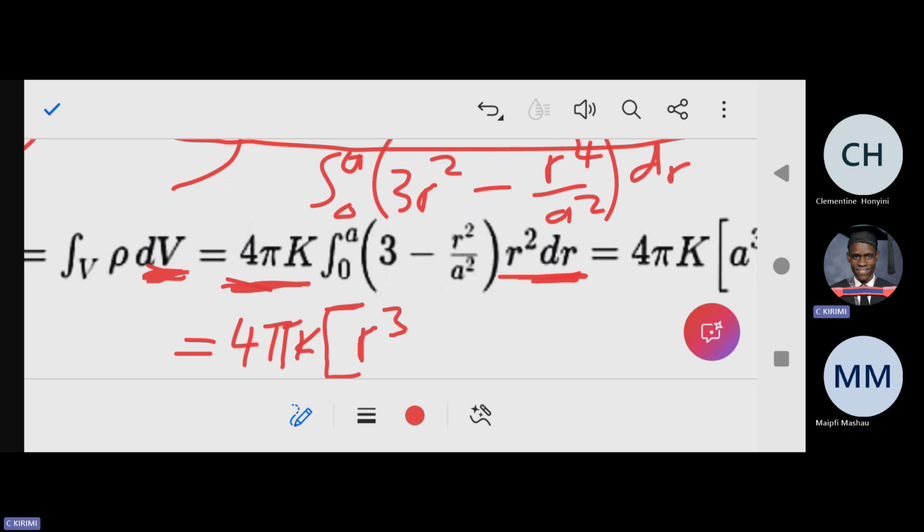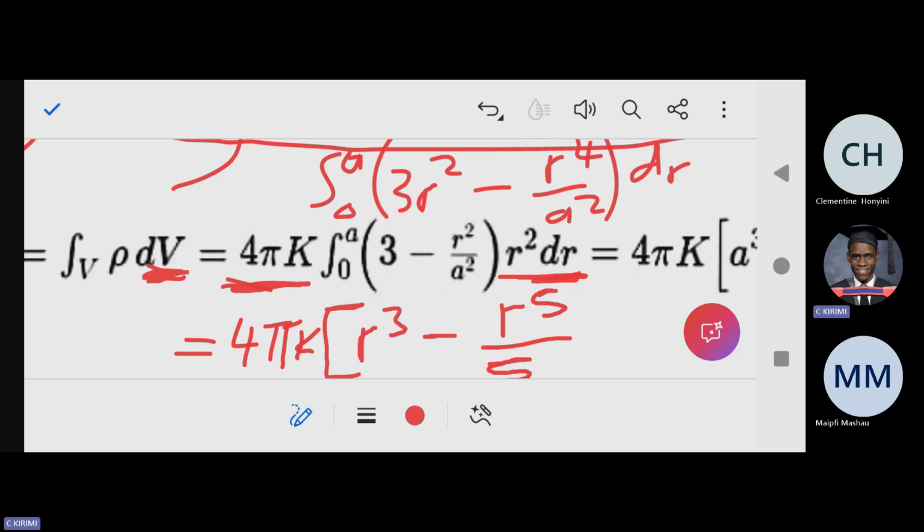What was the origin? What is the integral of r to the power 4 over a squared? Minus, it will be r to the power 5, over 5, not over 4.